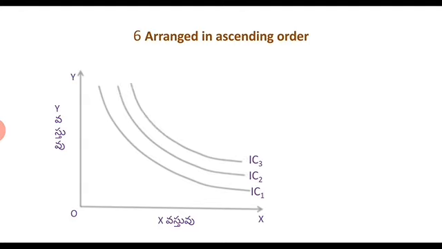IC1, IC2, IC3 and IC4 are indifference curves. Higher satisfaction giving combinations are arranged from left to right. So in the diagram, IC4 shows the combinations giving the most satisfaction.